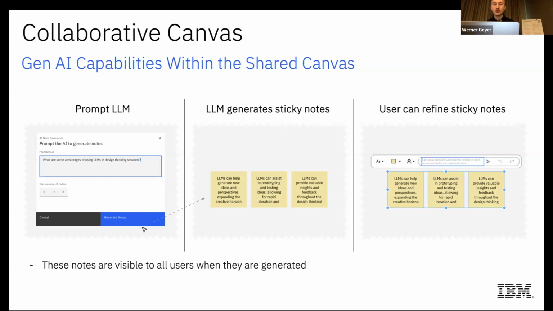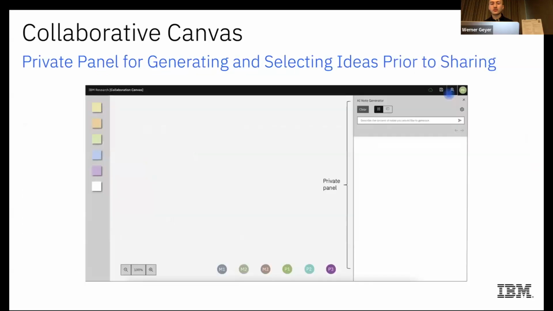The important thing to remember here is that all the notes that are created using this method will be public to all the users connected in the canvas. The second alternative for generating the notes is a private panel for generating and selecting ideas prior to sharing. To access this functionality, the users need to go to the top right corner and select the robot icon, and this will open the private panel.